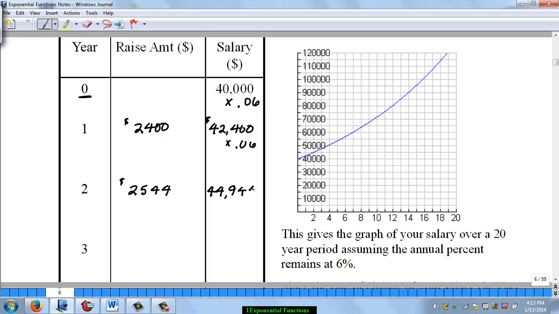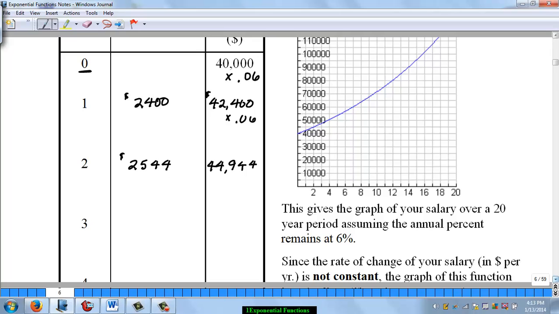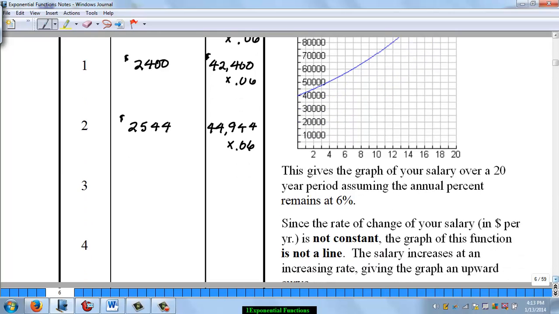Now I want you to know I'm not using the cents, I'm rounding so that you can get the idea of this. So on and on, let's do year three. So I get a 6% raise because I'm a good employee. When I do, my raise comes out to be $2,697. So now after the end of year three, I make $47,641.